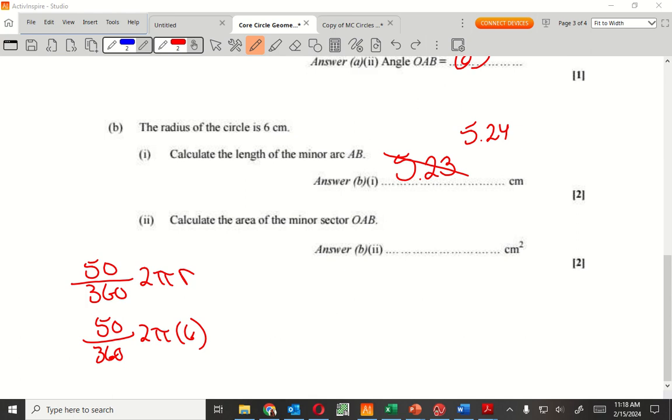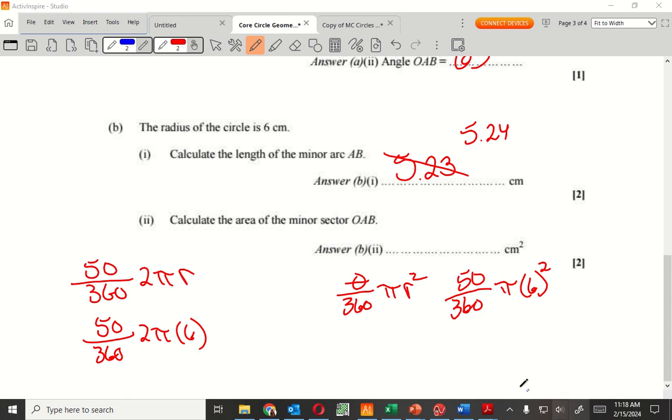You ready? So that's going to be theta over 360 times pi r squared. And in this case, my theta, which is my central angle, is going to be 50 over 360 times pi, my radius is 6, squared.